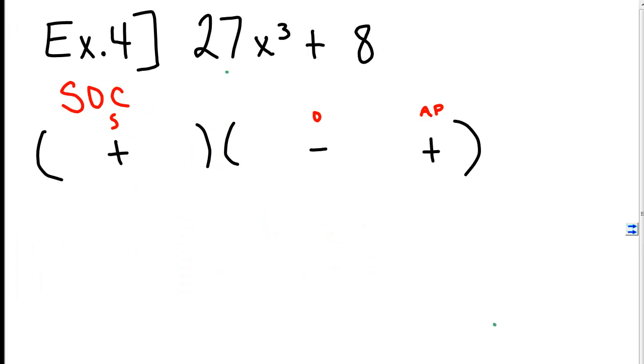Example 4. 27x cubed plus 8. This is an example of sum of cubes. Again, I can go ahead and set up my parentheses. I already know what my signs are going to be. This one's positive because it's the same. This one's negative because it's opposite. And this one is always positive.